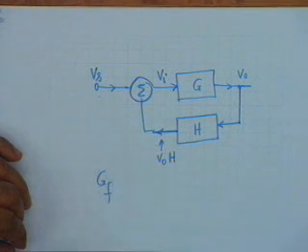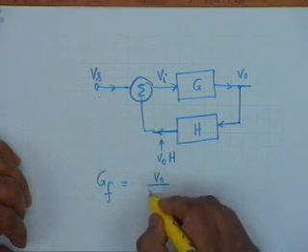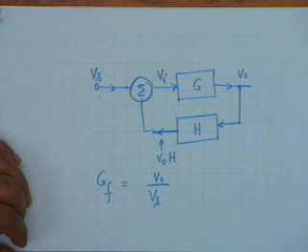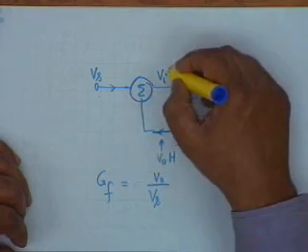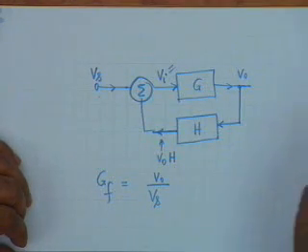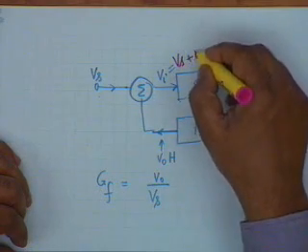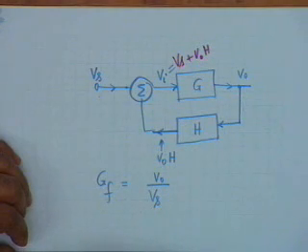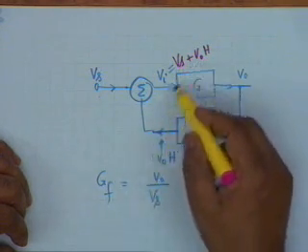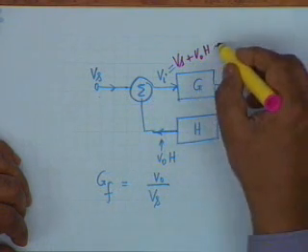Under the condition of feedback, we represent the gain by Gf, and Gf will be simply V0 divided by Vs. But as you can see from this, Vi is equal to Vs plus V0 H, and Vi times G is V0.